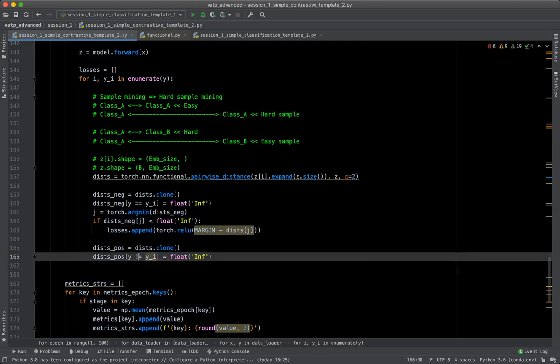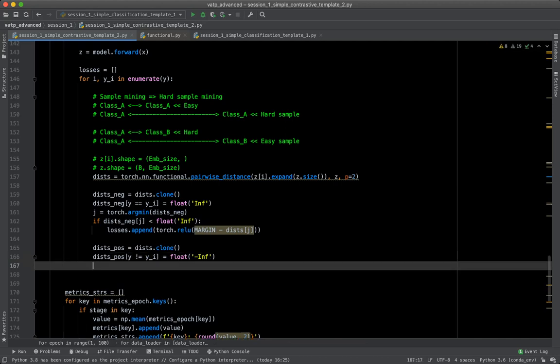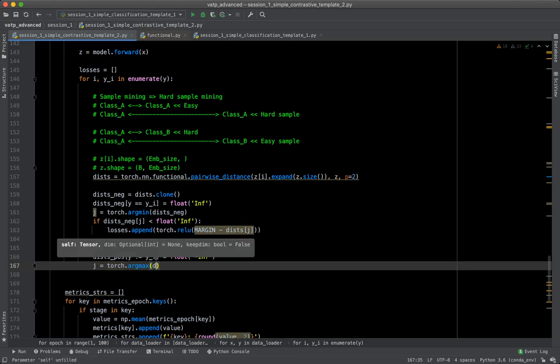So this is going to be the last thing for today. Don't worry, I will provide some materials for the next time so that it will be even more engaging. Hopefully, argmax of this one, of the dists positives, like that. So this is very dumb sample mining.